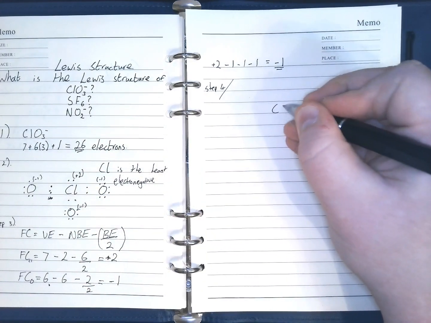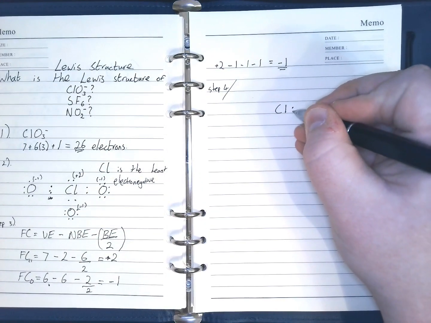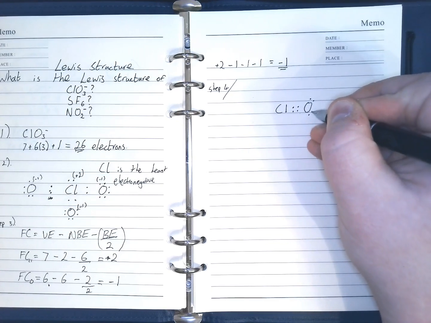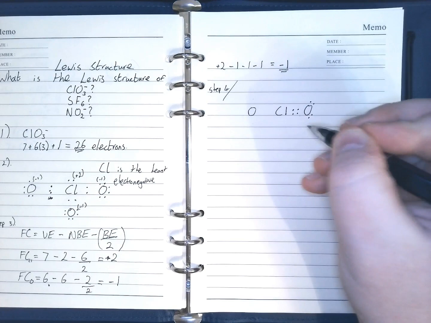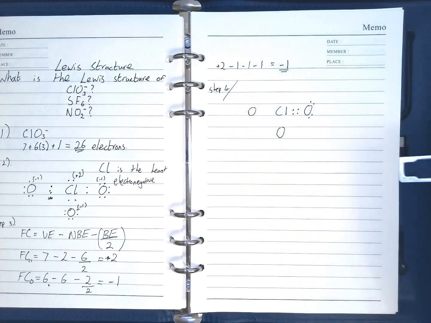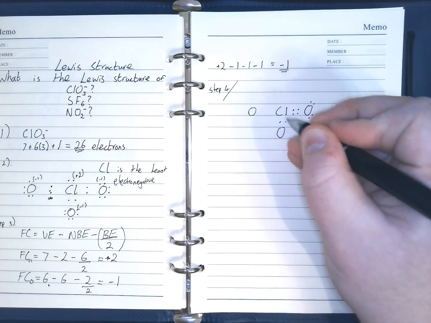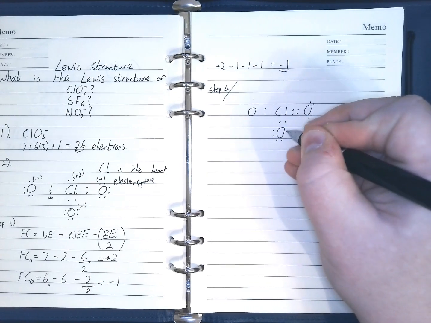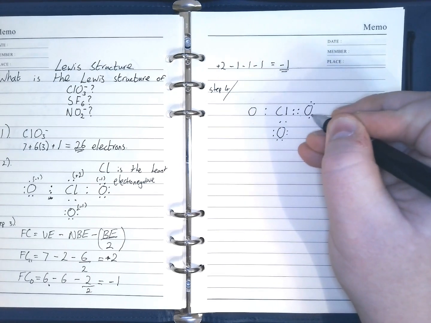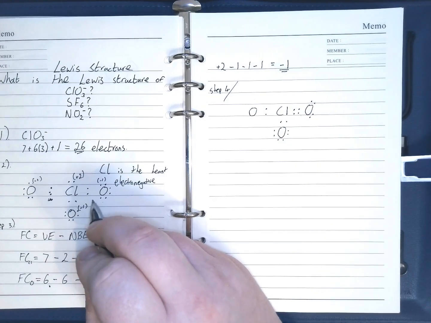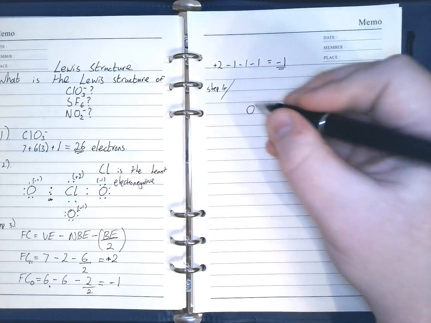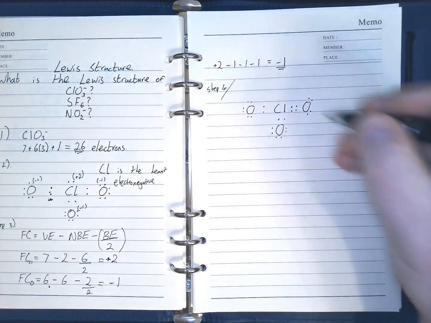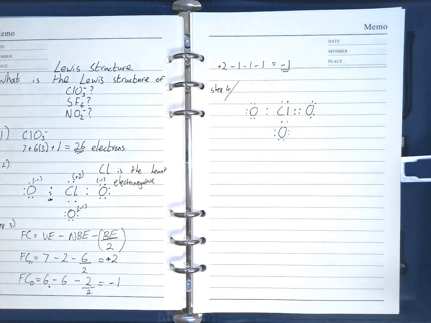So this is going to create Cl, and we're going to have 1, 2, 3, 4, and we're going to have oxygen here and oxygen here as well. So we have 1, 2, same as before for these two. These are okay. The only thing that's changed is we've just moved one lone pair to here to create a double bond. And of course our lone pair on the chlorine as well.